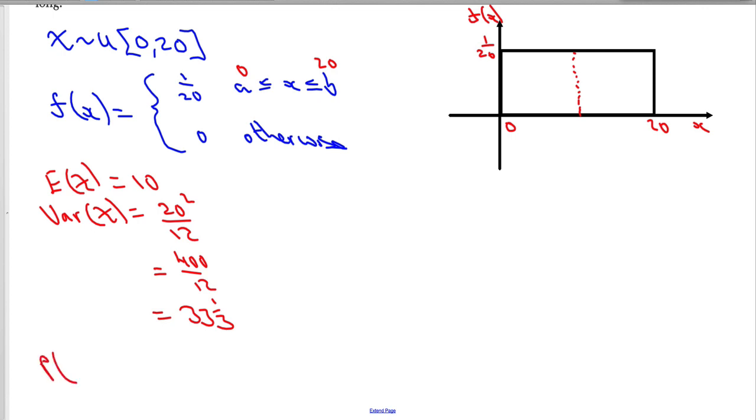So I want the probability that it's between 8 and 10 centimeters. So I'm going to work out f of 10 and take away f of 8.